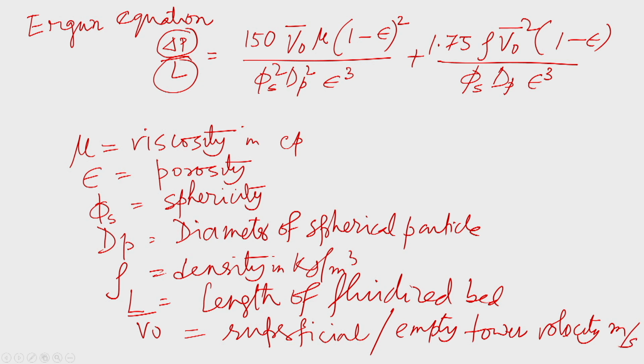So using this Ergun equation we can estimate the pressure drop across the column, and at the incipient of fluidization.